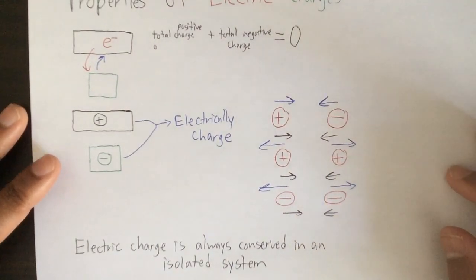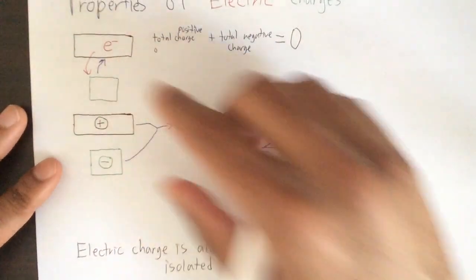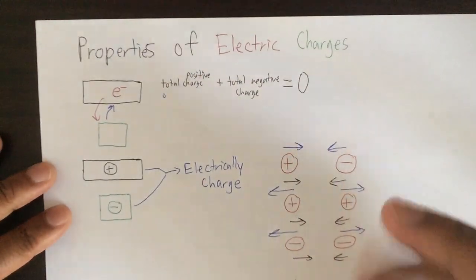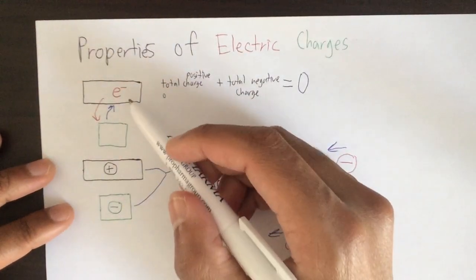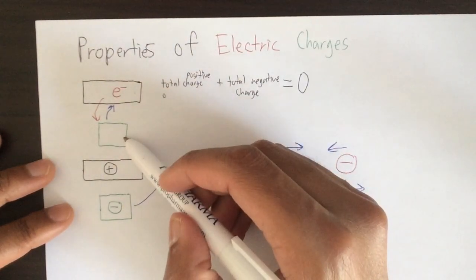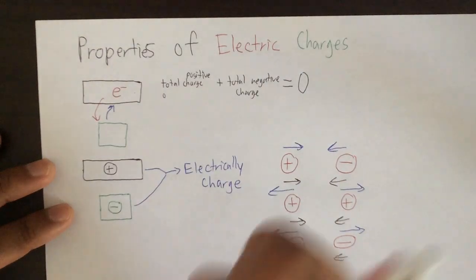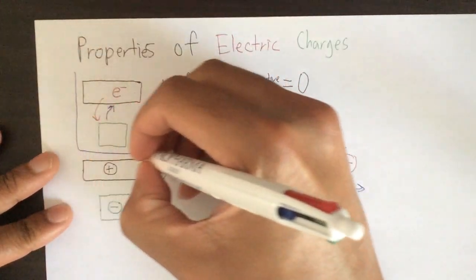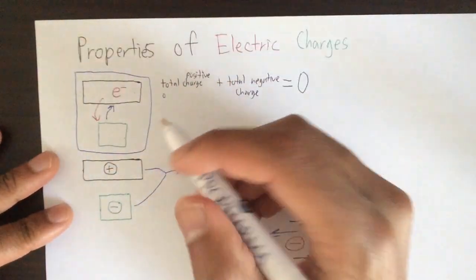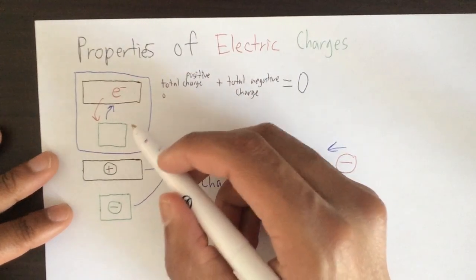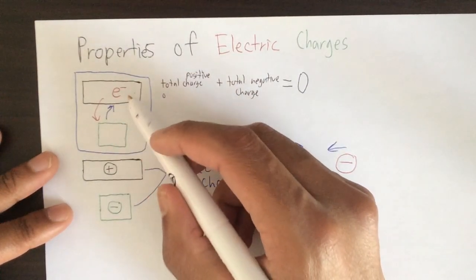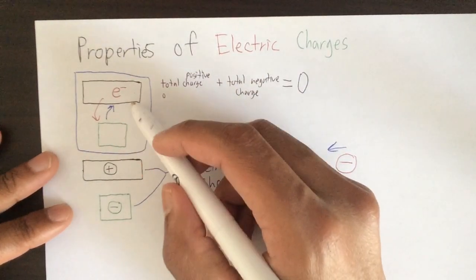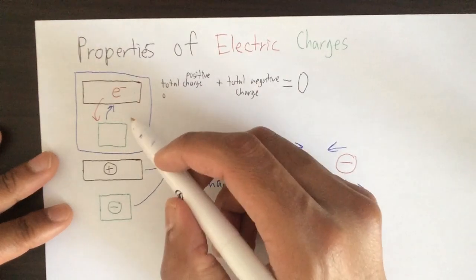So what does that mean? If you go back to our previous example here, if you consider the bar and the cloth as an isolated system, we know that individually each of them had a net charge of 0.